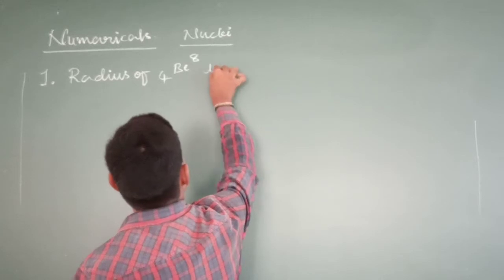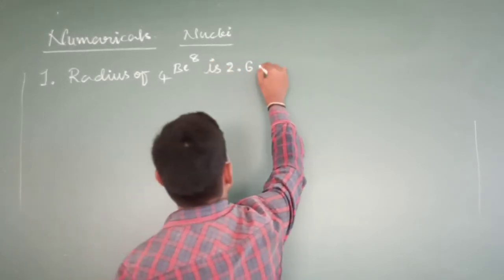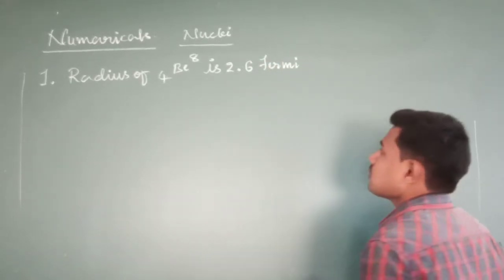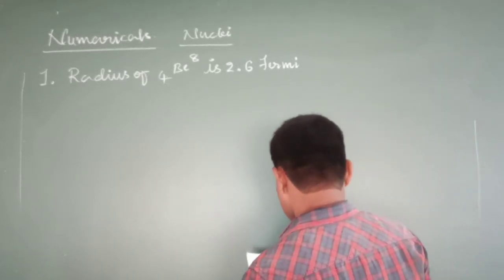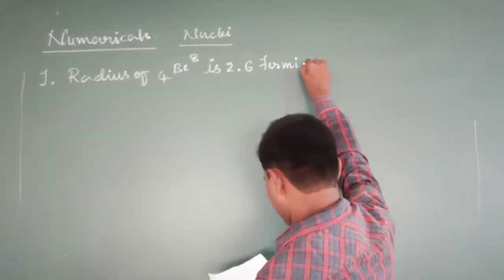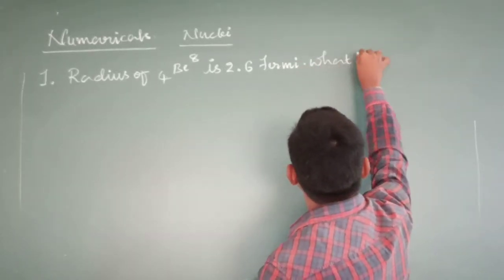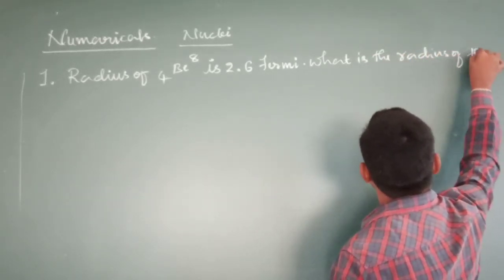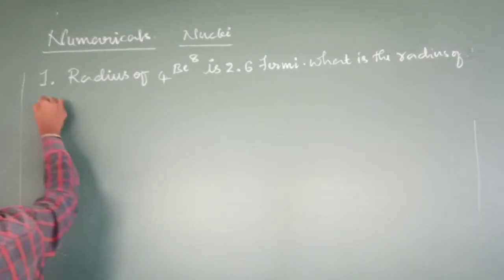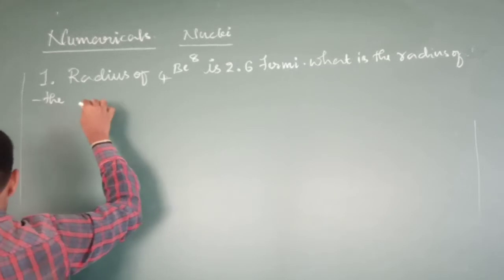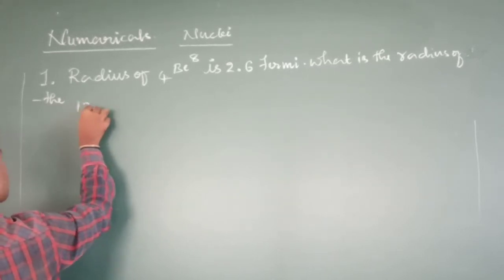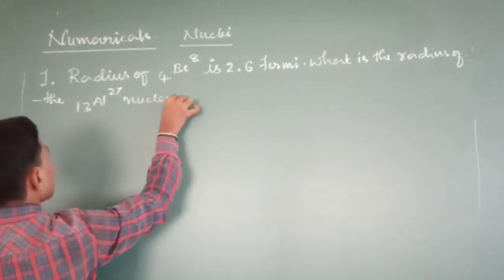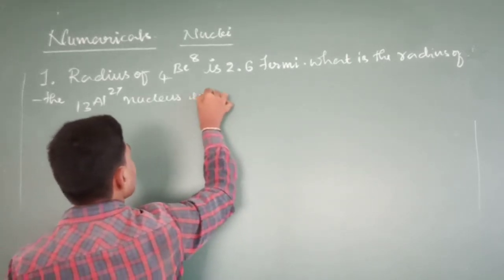Radius of beryllium is 2.6 Fermi. What is the radius of the aluminium nucleus in Fermi?